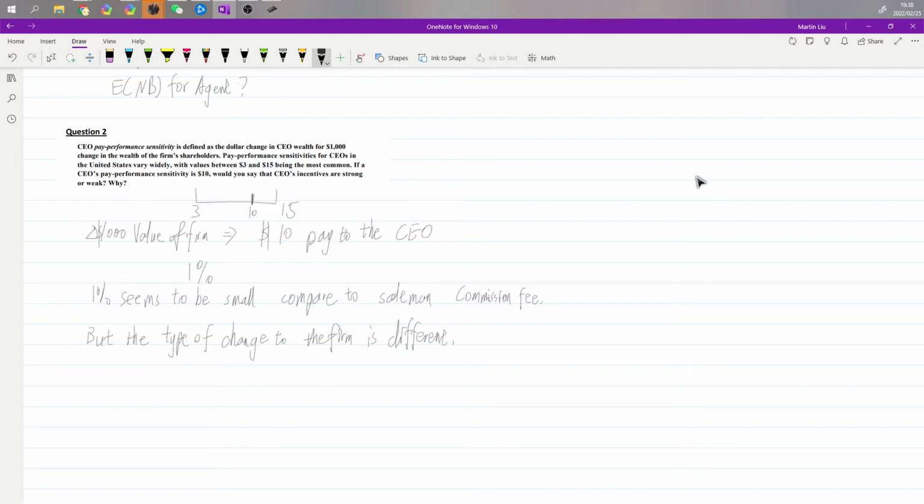So if we consider the case of the salesman versus the CEO, what is the salesman doing? The salesman is just selling the goods. If we consider the material that actually makes a pair of sports shoes, that could be relatively cheap. It's definitely not worth how much they are selling.